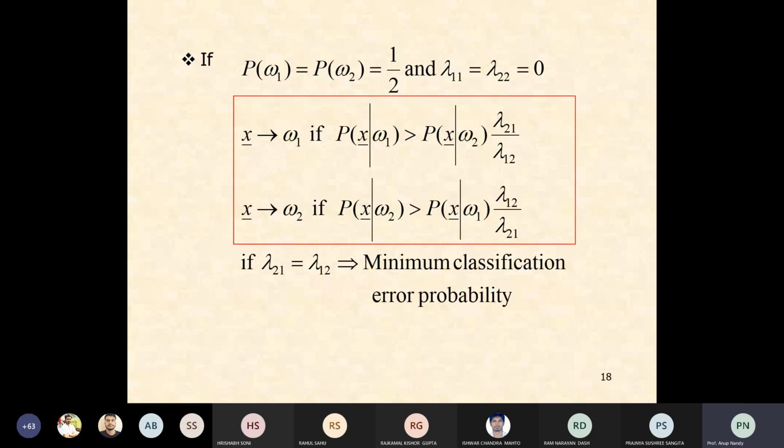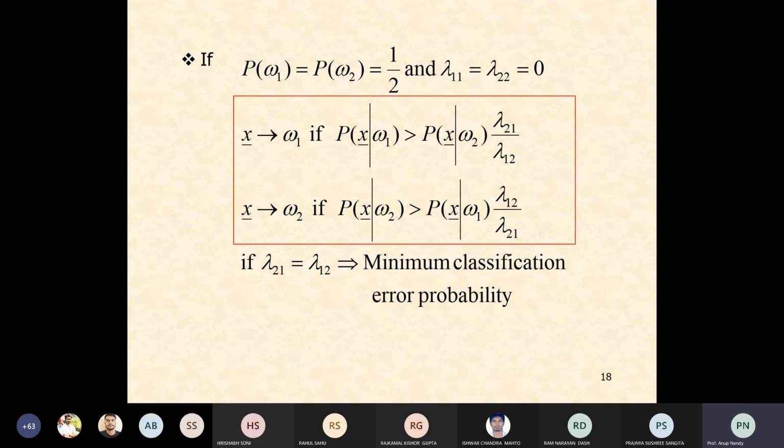What is the special case? If the prior probabilities for both the classes are equal, I mean if it is an equiprobable class, then P(w1) is equal to P(w2) is equal to half, and in your penalty term, λ11 is equal to λ22 is equal to 0. Then your loss matrix will be 0 λ12 and λ21 0.